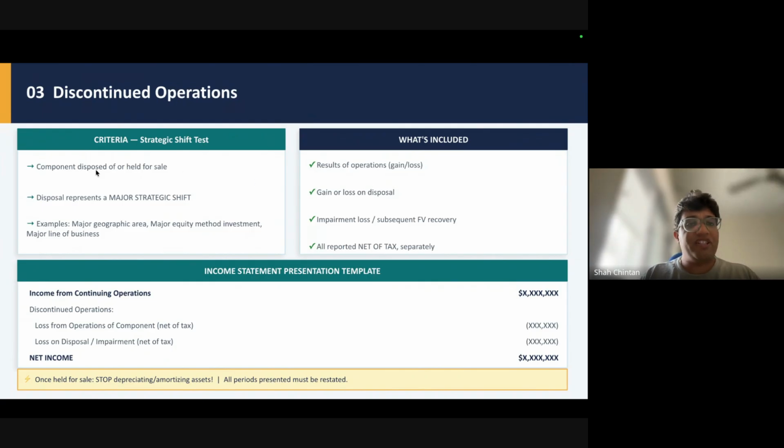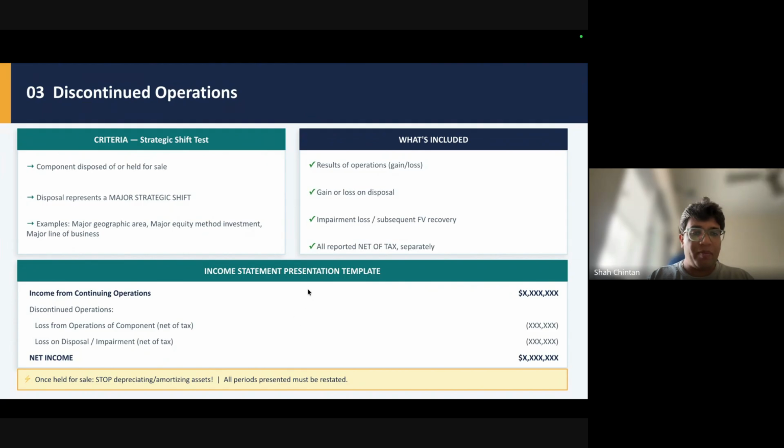Or let's say you have disposed of it, then you show the net profit or loss on the disposal. If there is any impairment in your assets or any subsequent recovery on the impairment, we'll understand impairment in a minute. And all the things are reported net of taxes.